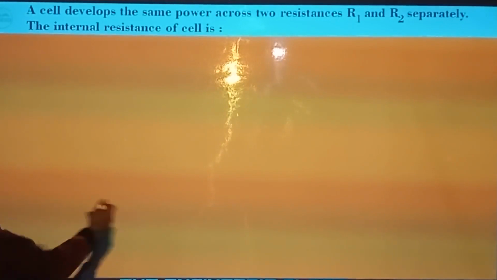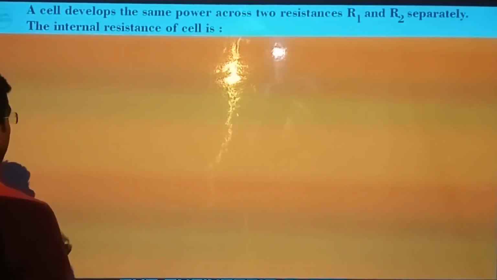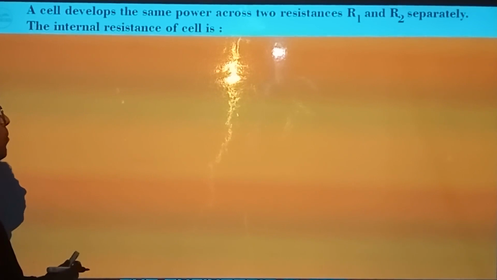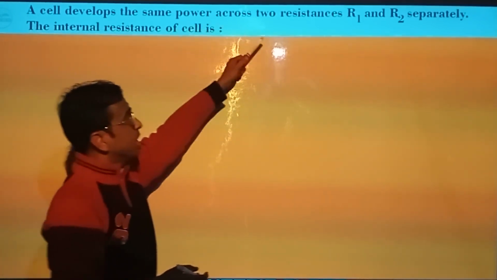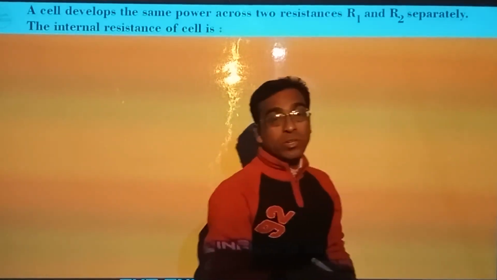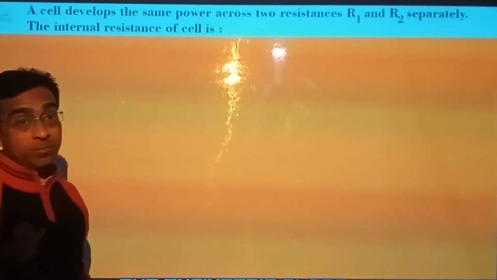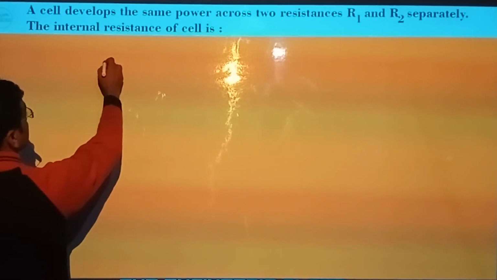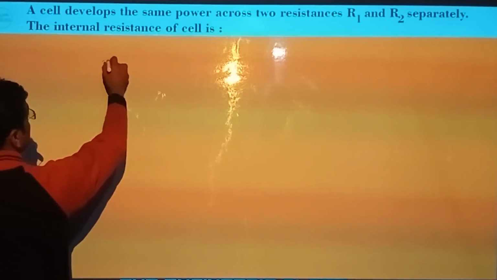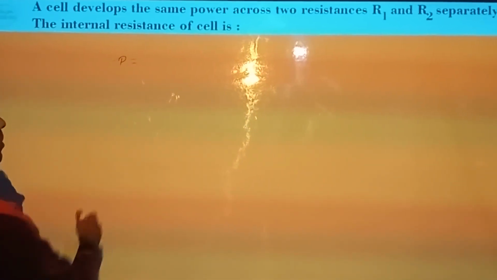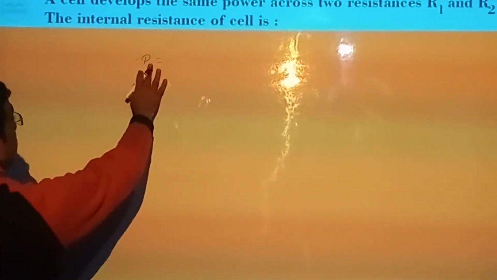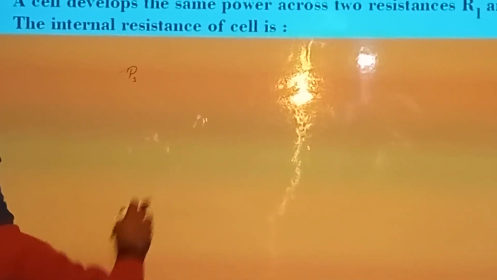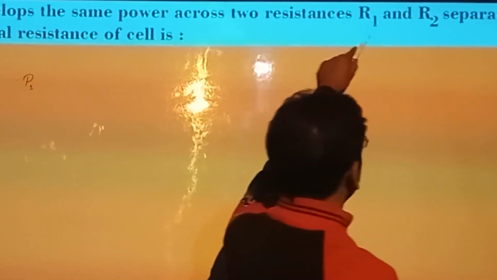According to the question, the power is the same for the resistances R1 and R2 if they are joined separately. Firstly, the power dissipated is denoted by P1 if I am joining the resistance R1.